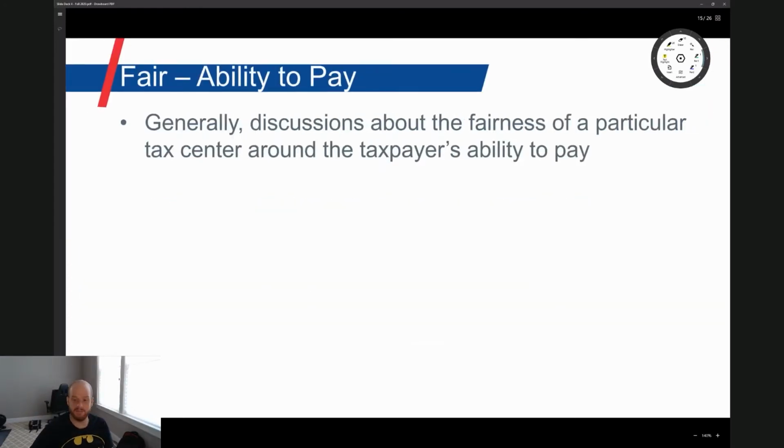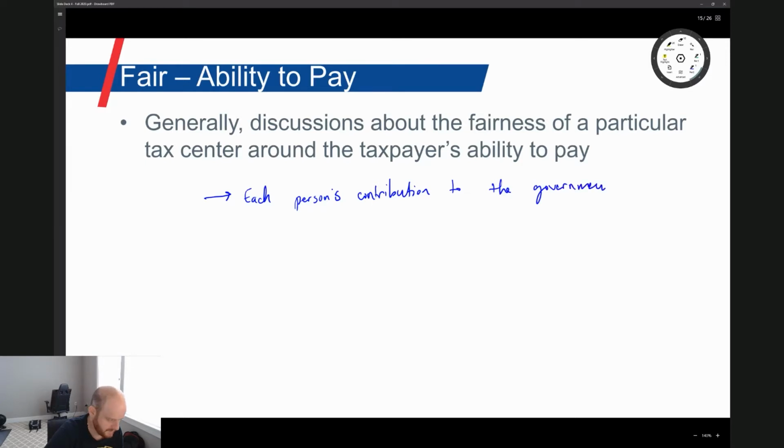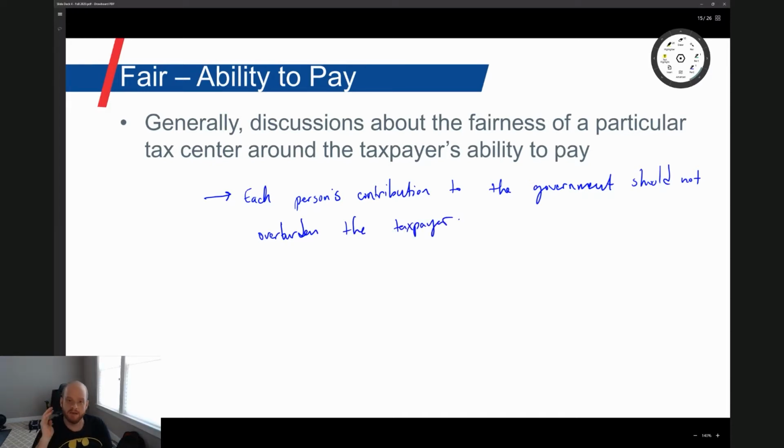So, when we're talking about ability to pay, what we mean is that each person's contribution to the government should not overburden the taxpayer. Right? When we talk about ability to pay, we mean that the taxpayer should not be overburdened.